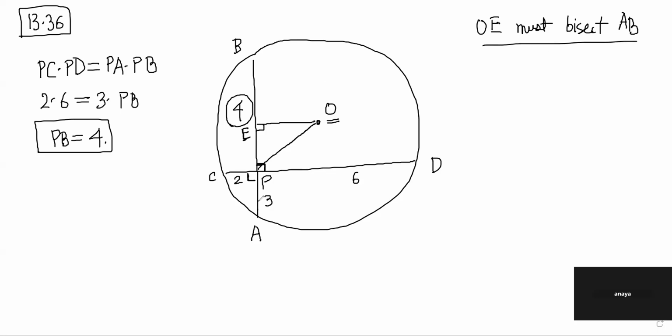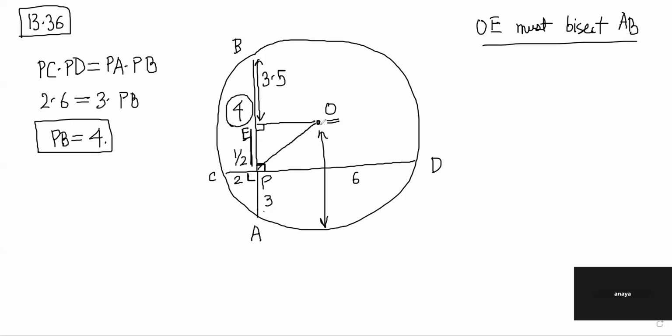Length of AB is clearly 3 plus 4, so 7. So this much is 3.5. And that means this much was 3.5 and this is 3, so this is half. So we have half here.